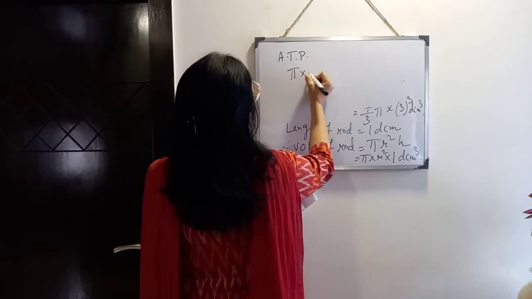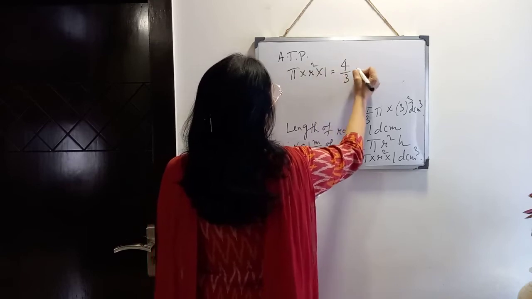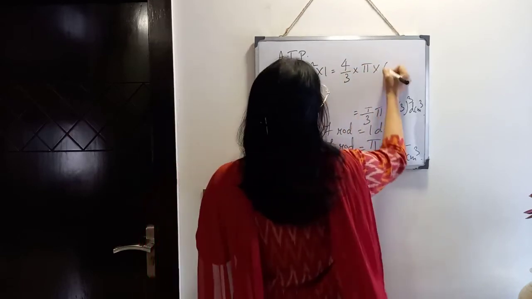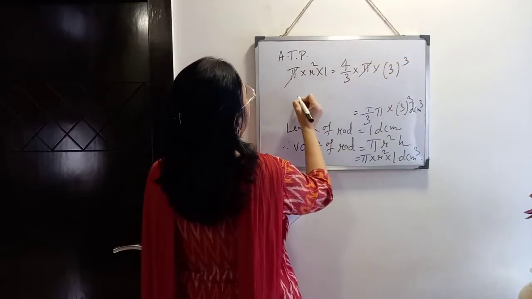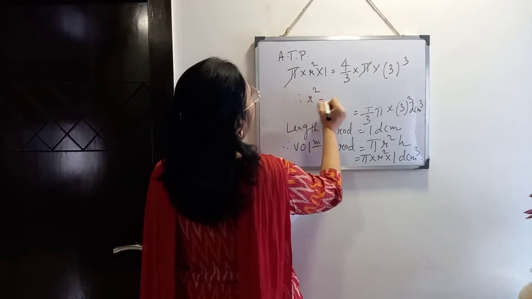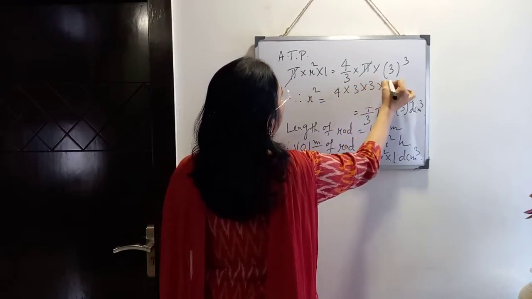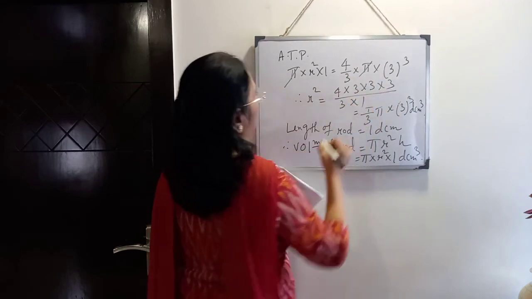Pi r square into 1 equals 4 by 3 pi, r was 3. Pi you cancel, therefore r square equals 4 into 3 into 3 into 3 by 3 into 1.